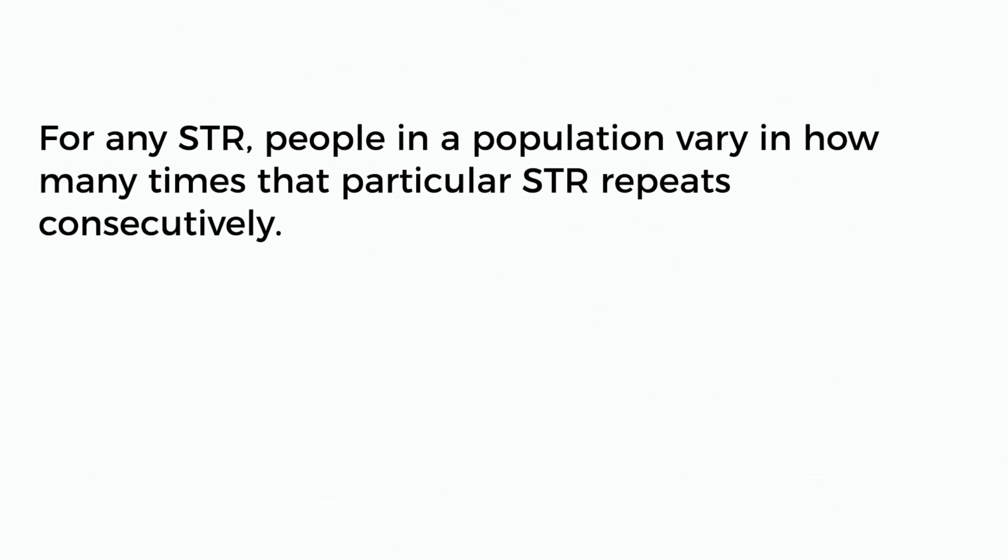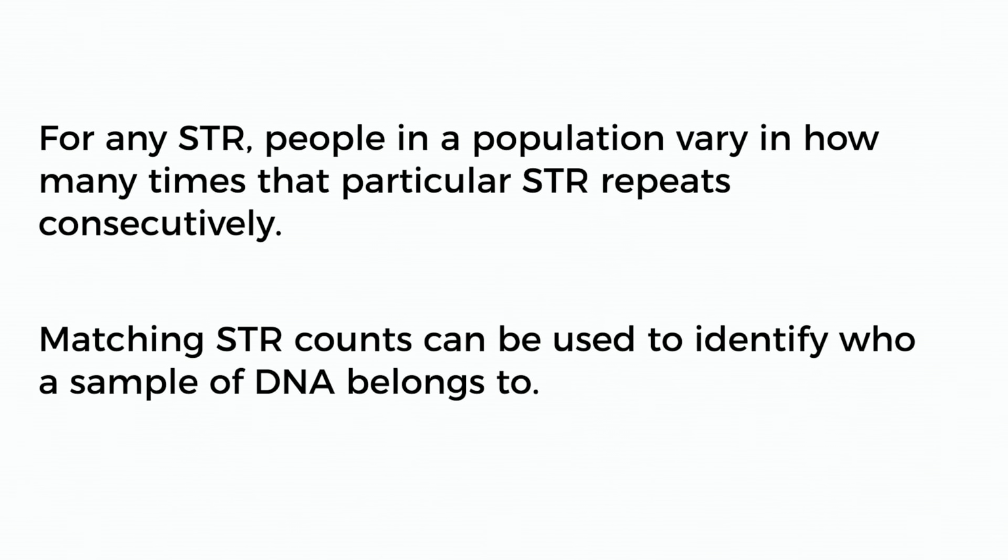So, what are the key observations here? Well, for any STR, people in a population vary in how many times that particular STR repeats consecutively. You might have a particular STR repeated 25 times, I might have it repeated 28 times, someone else might have it repeated some different number of times. And matching STR counts can be used to therefore identify who a sample of DNA belongs to.